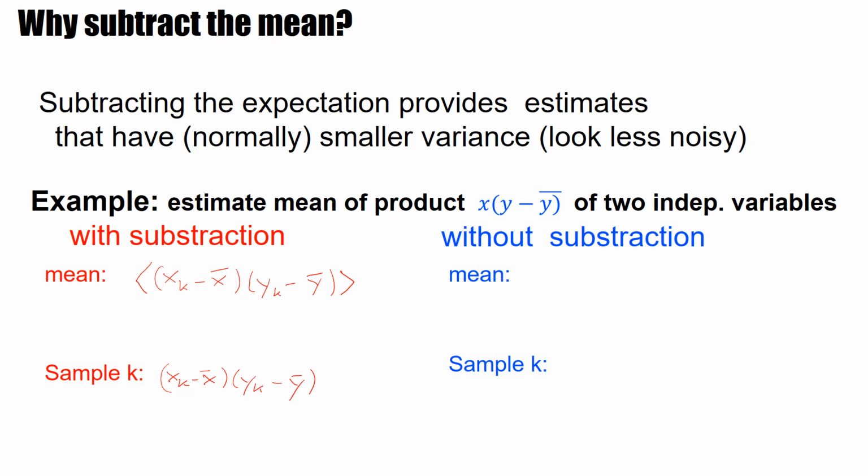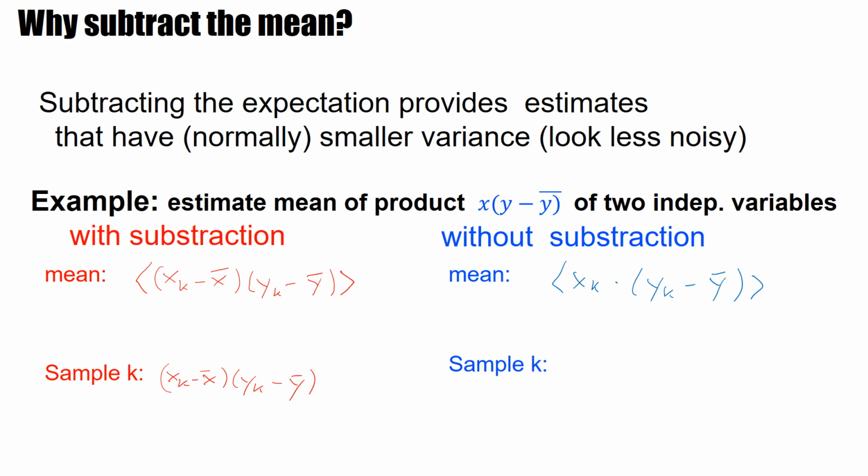Now, let's do something very similar, but now we consider the following. We consider x_k times y_k minus y bar. And again, we look at the mean.